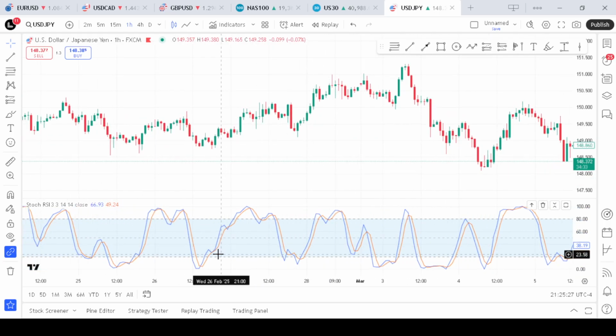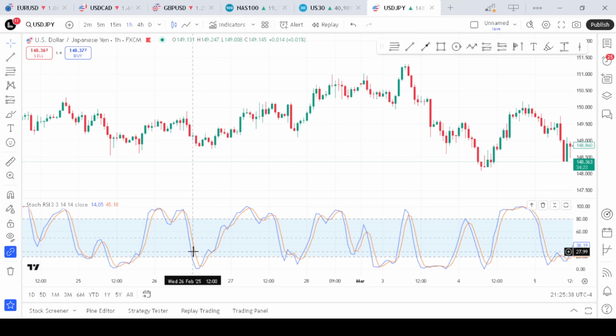This is a 3-period moving average of the percentage K line. These two lines work together to provide you with a trading signal through their crossovers.